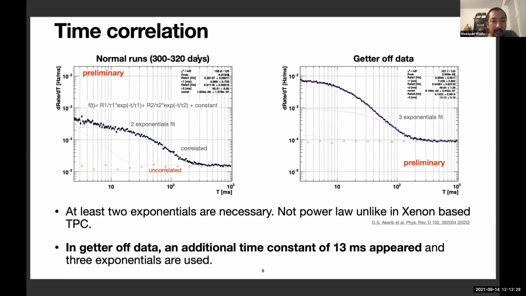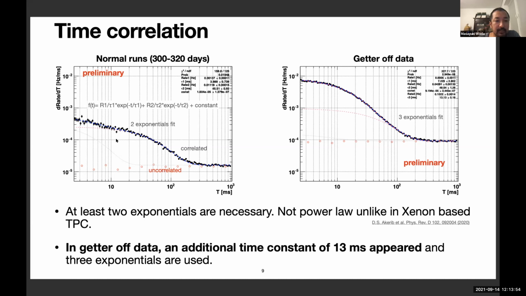And here is the time correlation in some day range, from a normal run. We see a clear exponential shape, and here the flat part is the uncorrelated part. We believe this flat part comes from uncorrelated pairs, so we take the time difference, DT.